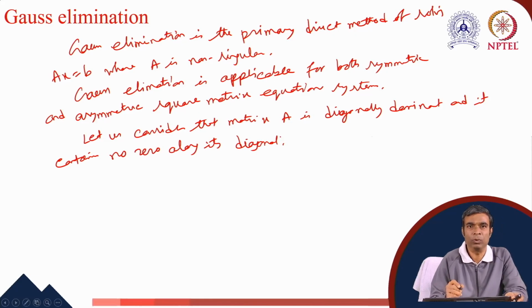The operation count of Gauss elimination is of the order of n cube by 3.